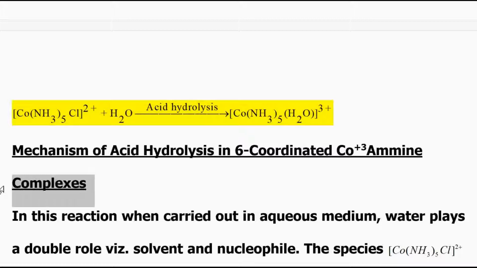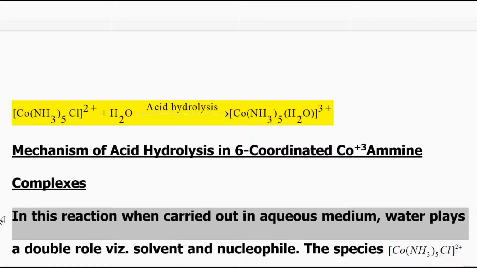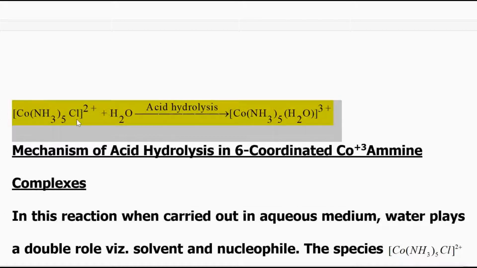Now let us go ahead into the mechanism of acid hydrolysis in 6 coordinated cobalt 3 amine complexes. So this can be the same example, Co(NH3)5Cl 2 plus plus H2O, and then you want to replace the chloro ligand by H2O ligand.